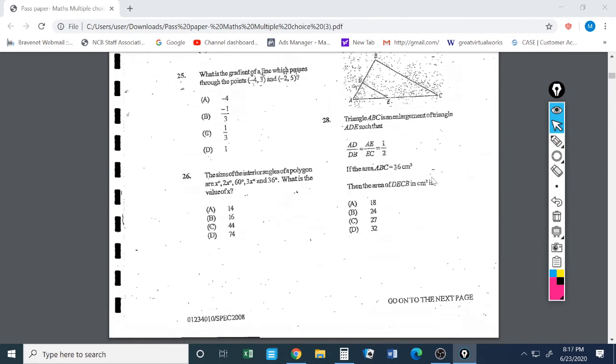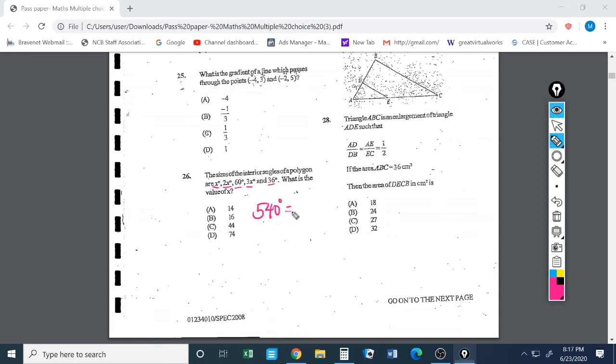The next question says the interior angles of a polygon are x, 2x, 60 degrees, 30 degrees, 3x degrees, and 36 degrees. What is the value of x? We can see that there are 5 angles, so the polygon has 5 sides. In a 5-sided polygon, the total is 540 degrees.